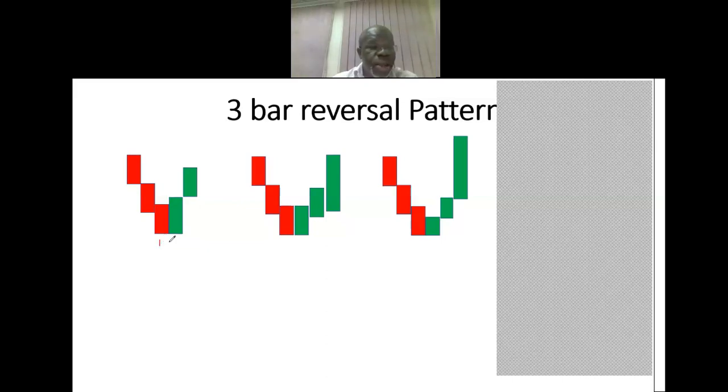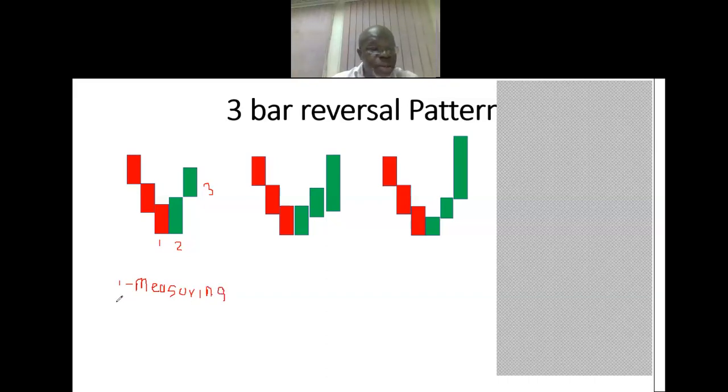One, two, and three. The first one is what we call the measuring candle. Other people might have different terminology, but that's the common one. Why measuring? Because it measures and determines whether the market is going to go up or not.